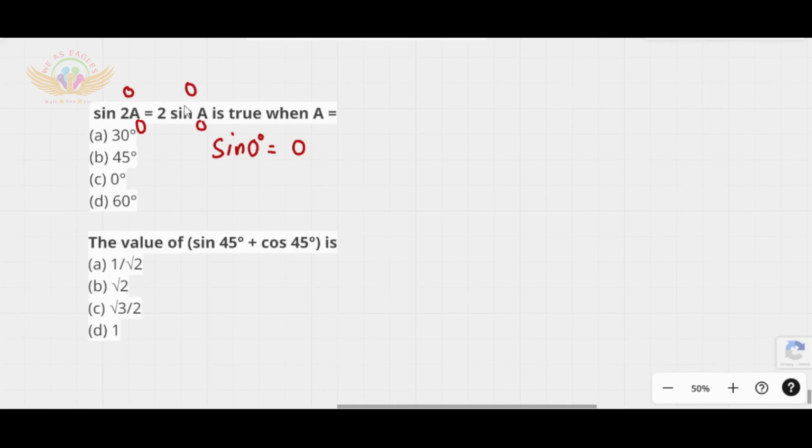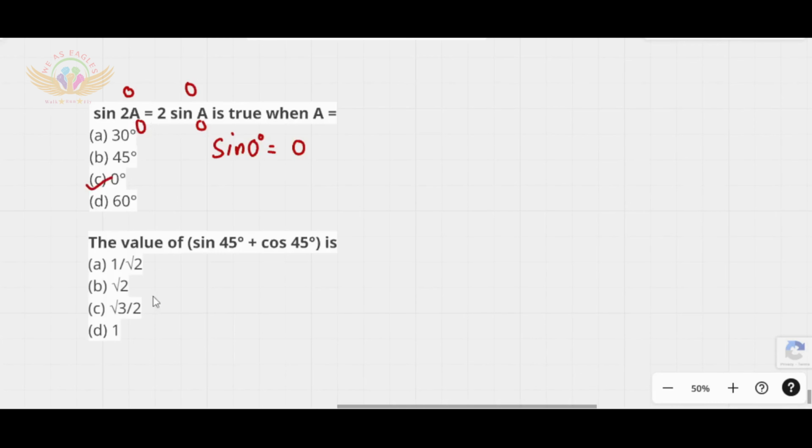If I put any other number like 30 degrees or 60 degrees, it won't be equal. So always go with 0 degrees when you see this kind of question.